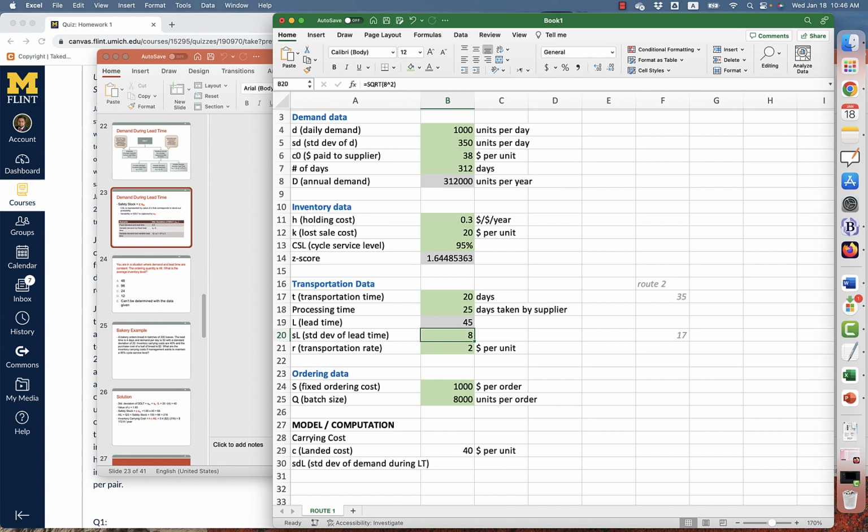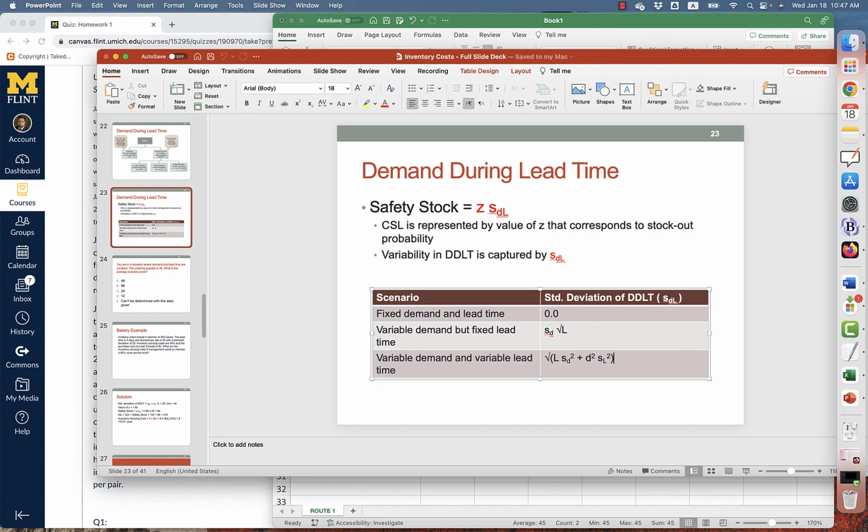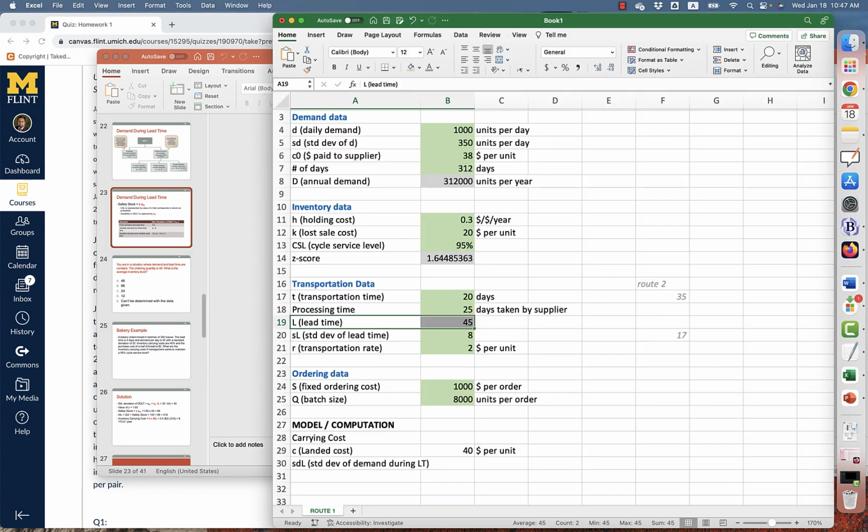So this is SL, this is SD, this is small d, and this is L, and we'll use these values to compute this formula: L times SD squared plus D squared SL squared. So this will be a square root. Now we take the lead time L times the standard deviation of demand squared, SD squared.